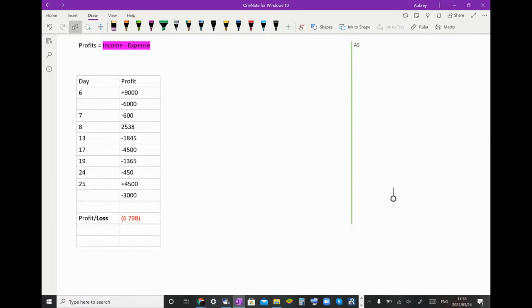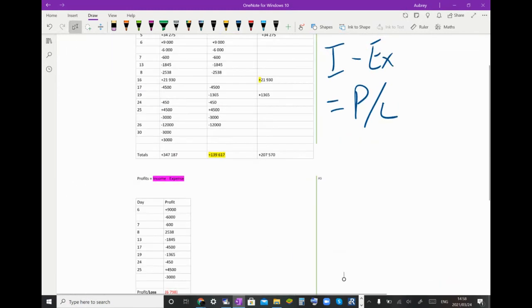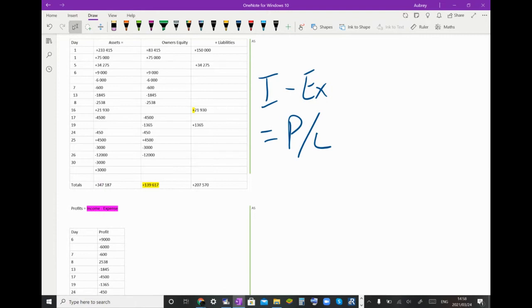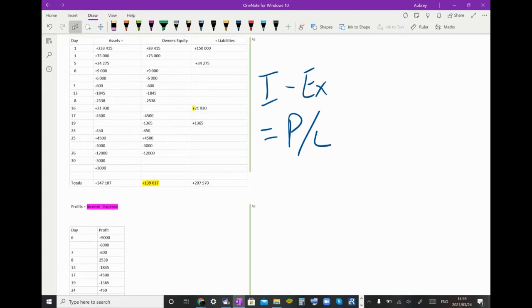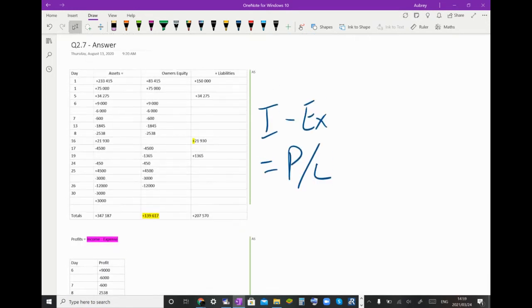So, how do we do this now? Okay, I'm going to zoom out a bit just to show this bit. All right. Now, which category was affected by income and expenses? Owner's equity. So if we want to get through this as fast as possible, we'd look at this column and then say which transactions pertained to either income or expenses, because that's what we want in order to calculate our profit.